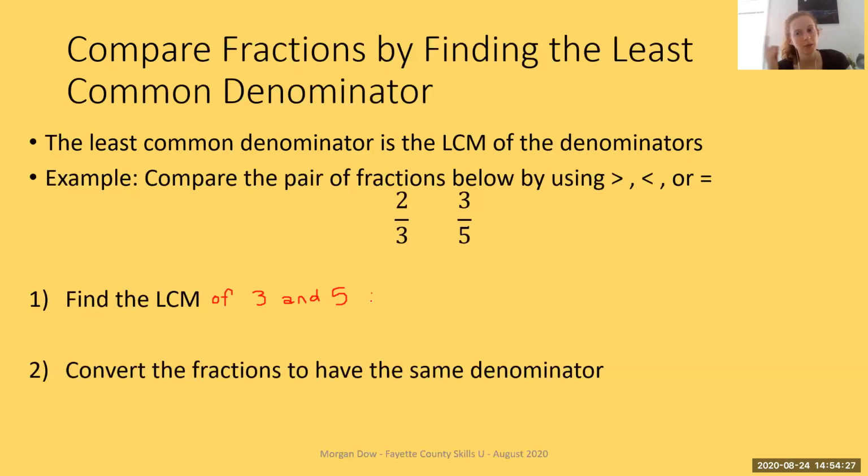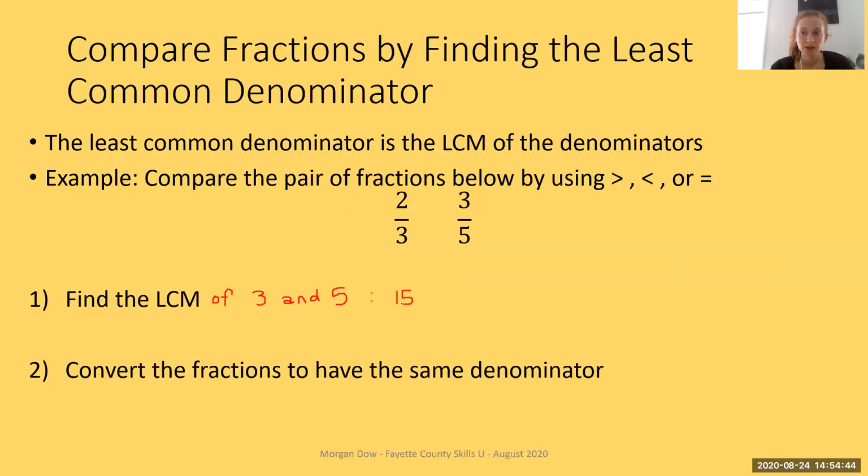Now 15 kind of rings a bell. Let's think about multiples of 5: 5, 10, 15, right? So the first multiple that they have in common is 15. So 15 is the LCM.